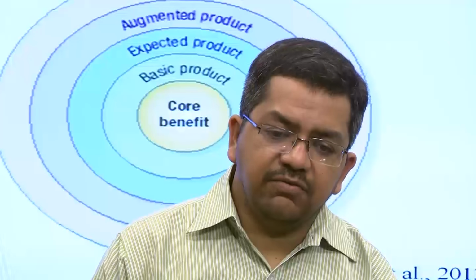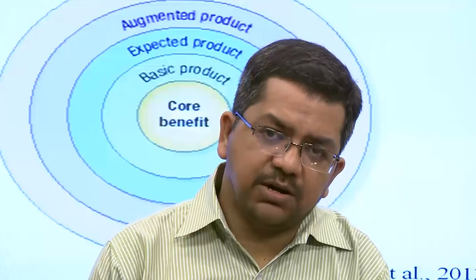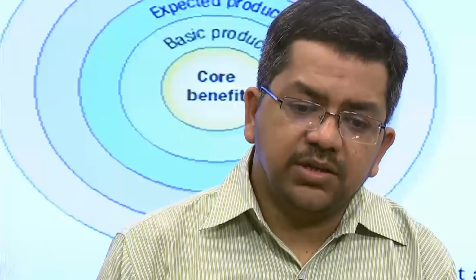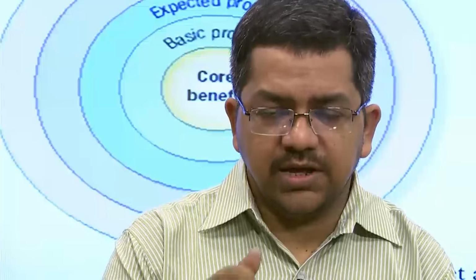Now, when we talk about product, the product can be conceptualized as providing different levels of benefits, or the products have different levels. At the base, or at the core, of a product is the core benefit, the basic need that a product serves. When this core benefit is served through a product offering, it has to take a basic product form.